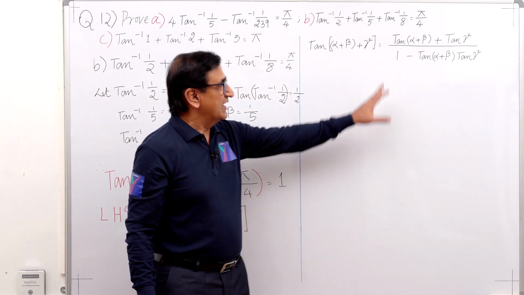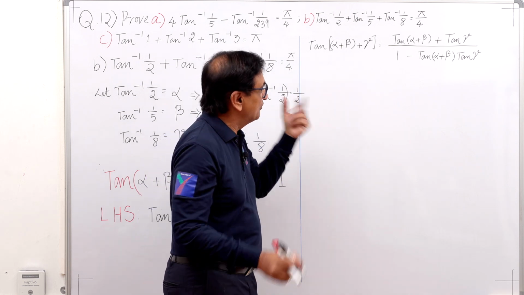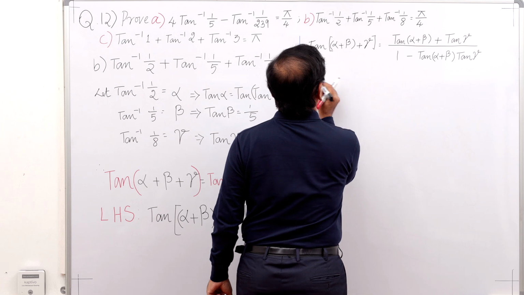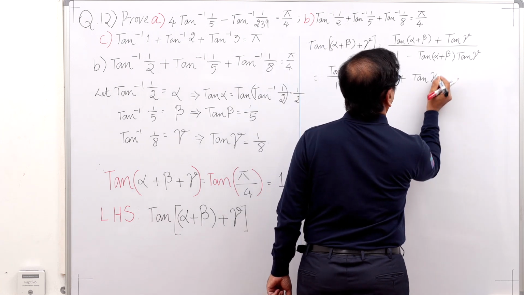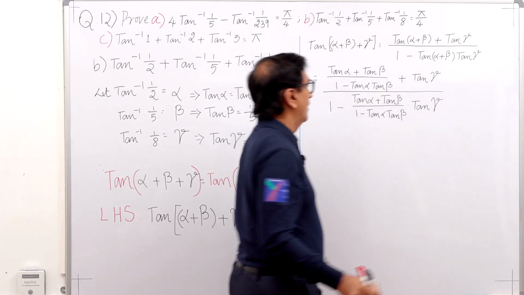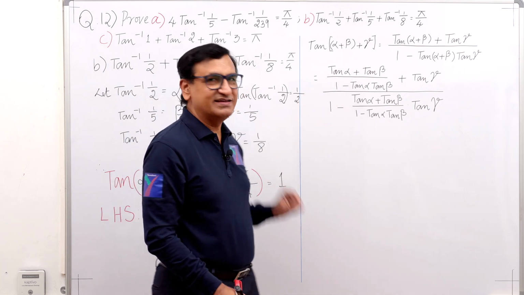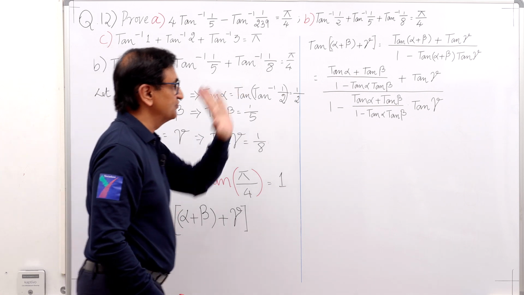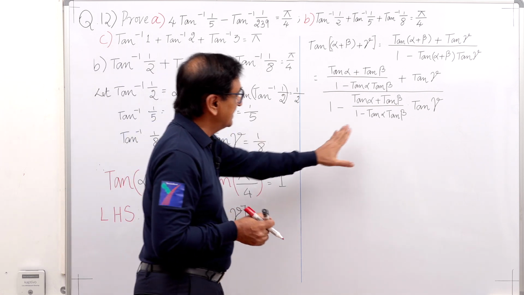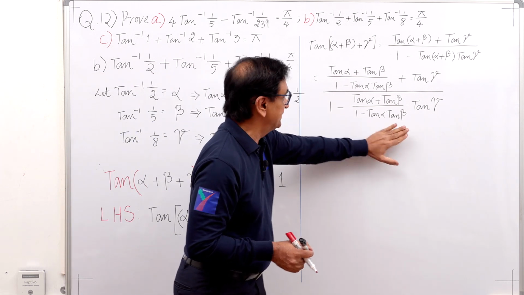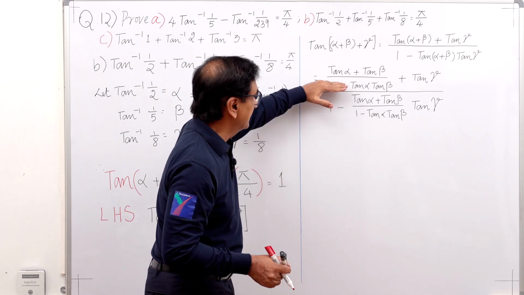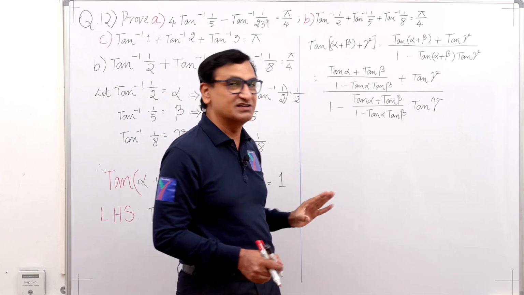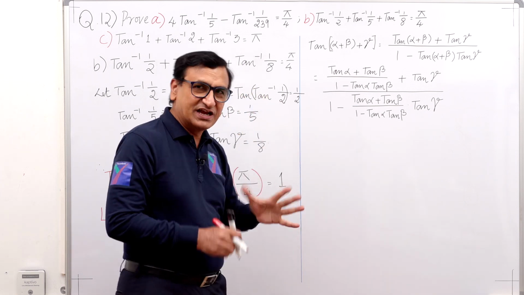Now again for tan of alpha plus beta, we can use the tan a plus b formula and simplify this further. We can directly plug in the tan alpha, tan beta, tan gamma values and simplify, or I can take 1 minus tan alpha tan beta as common denominator, and it will get cancelled in both numerator and denominator. We can do either.